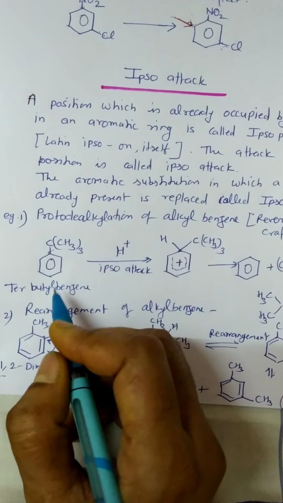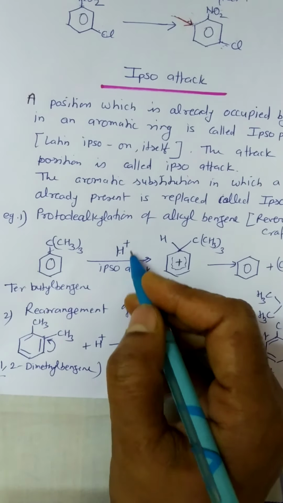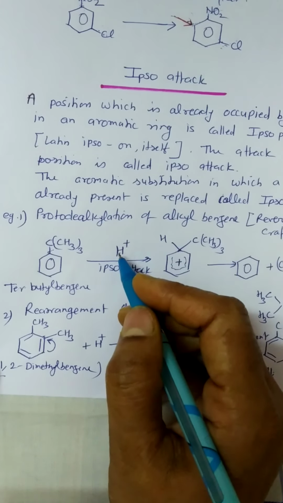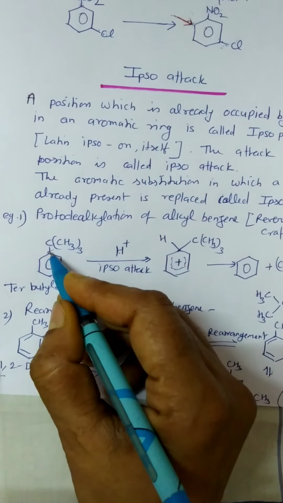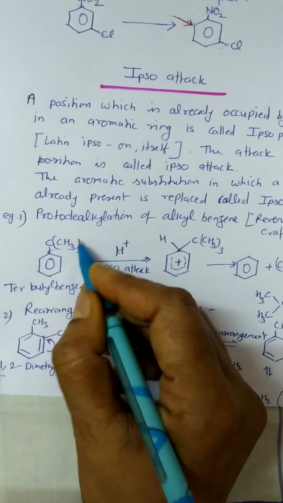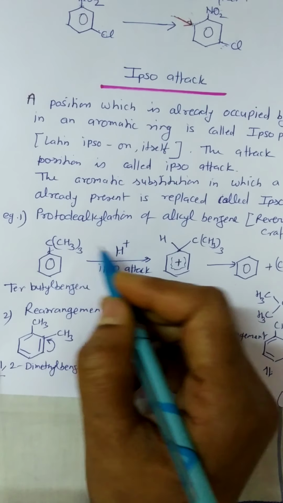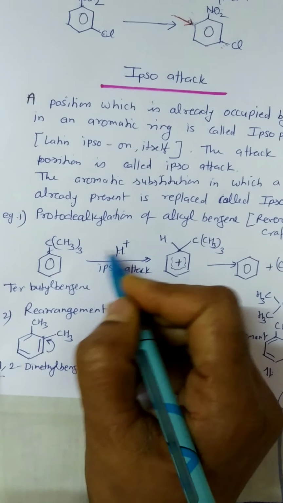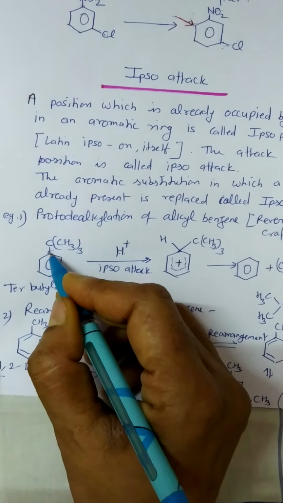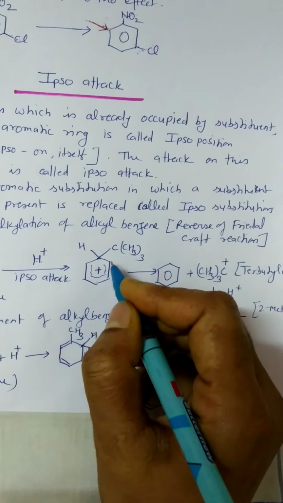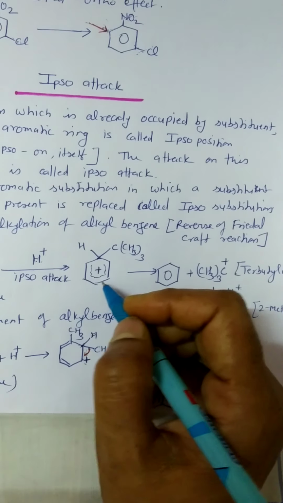Here tertiary butyl benzene on protonation. Protonation takes place at the ipso position. Here the tertiary butyl group is already present in the ring and a proton attacks at this position and forms an intermediate cation.